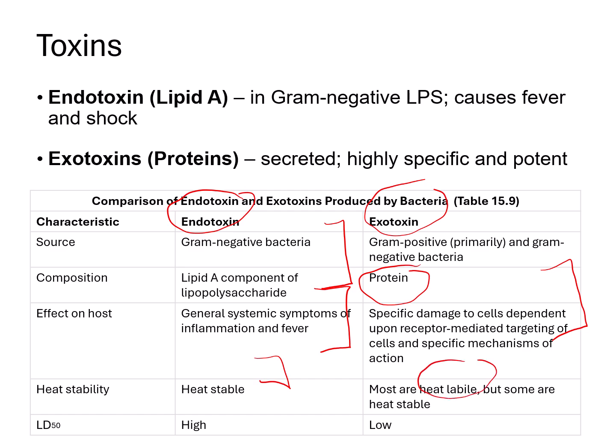Endotoxins trigger things like sepsis and shock, whereas exotoxins produce precise effects like paralysis, diarrhea, or tissue necrosis, and this really depends on their mechanism. We also just saw that exotoxin has a low LD50, which means they are very potent compared to endotoxins.